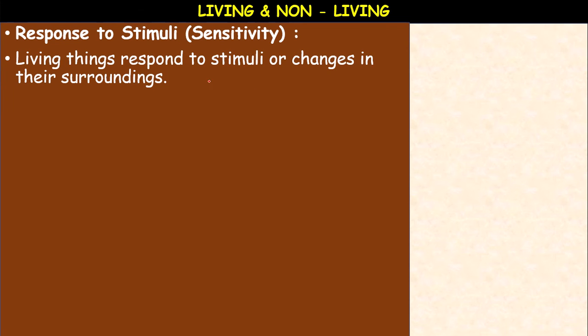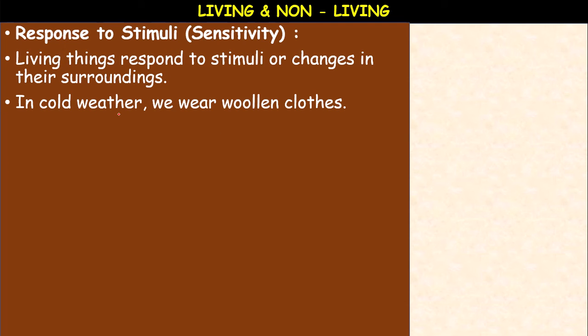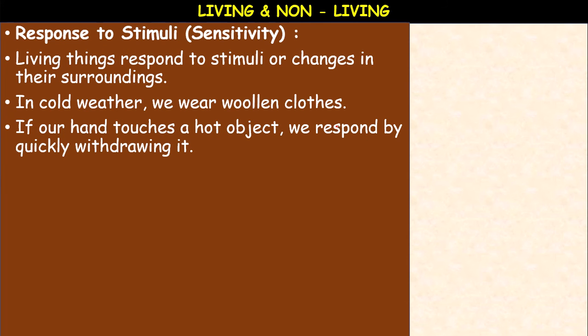So, living things respond to stimuli or changes in their surroundings or environment. In cold weather, we wear woolen clothes, isn't it? If our hand touches a hot object, what do we do? We respond by quickly withdrawing our hand.